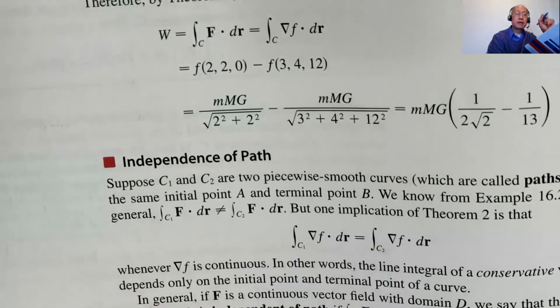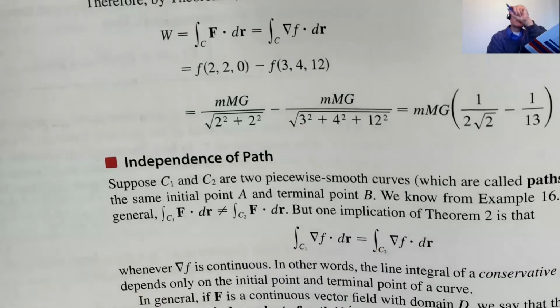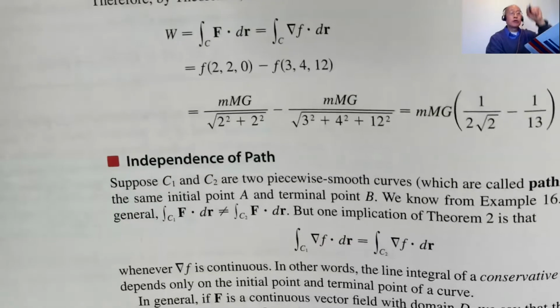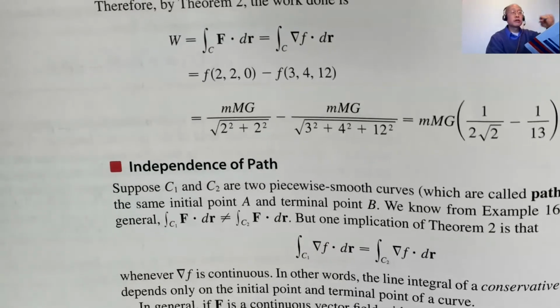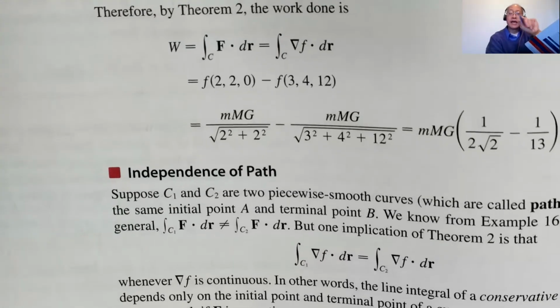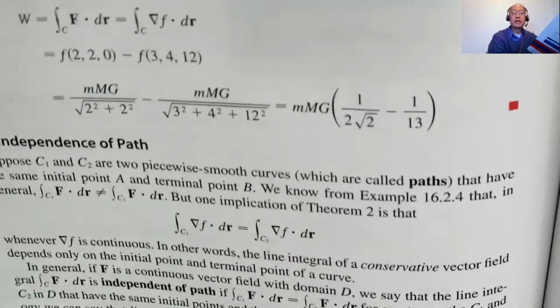So if you have one beginning point, one ending point, it doesn't matter how you go from point A to point B, you can go like that, or go in a straight line, or squiggle all over and go a million miles there and come back and land there. You end up with the same answer. Then you have something called path independence.